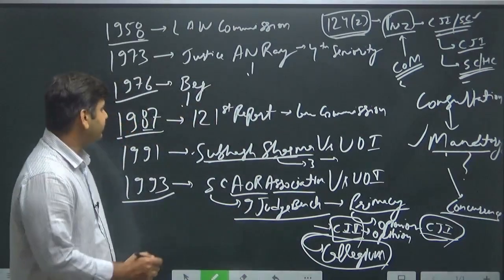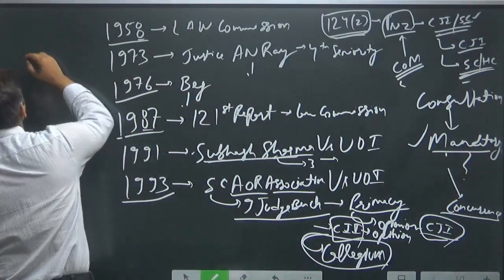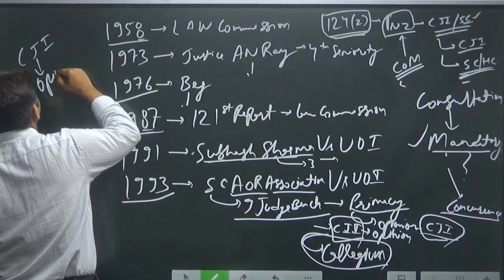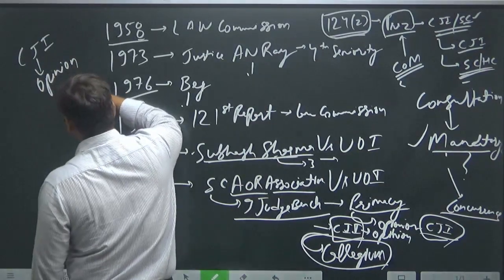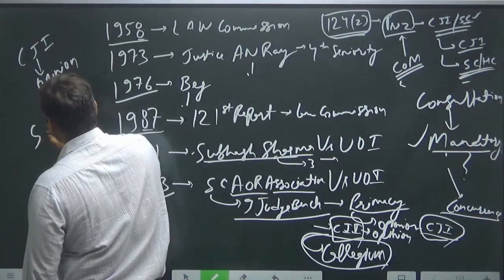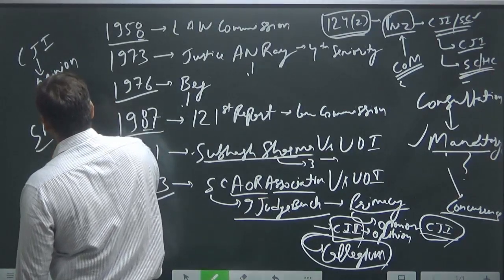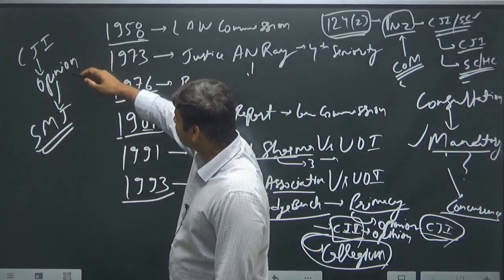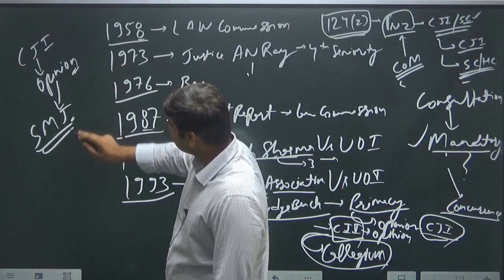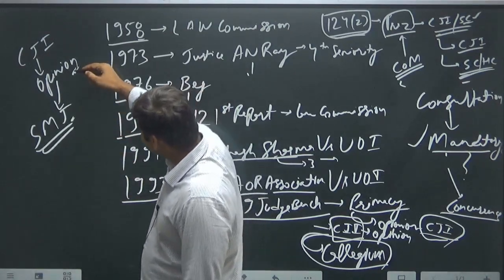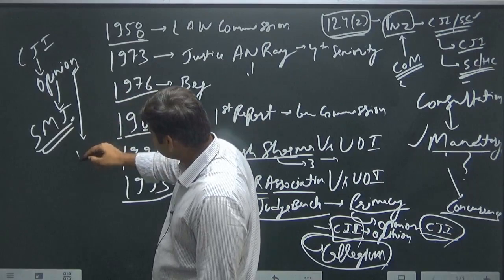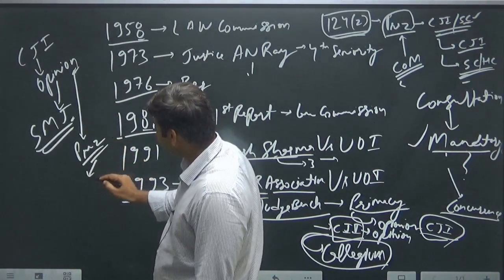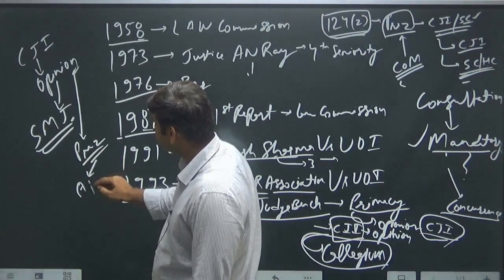That simply means when the Chief Justice of India is forming his opinion, he should consult the senior most judges of the Supreme Court. The Chief Justice of India, while forming the opinion, must consult the senior most judges of the Supreme Court, and when this opinion is delivered to the President, the President shall make the appointment.